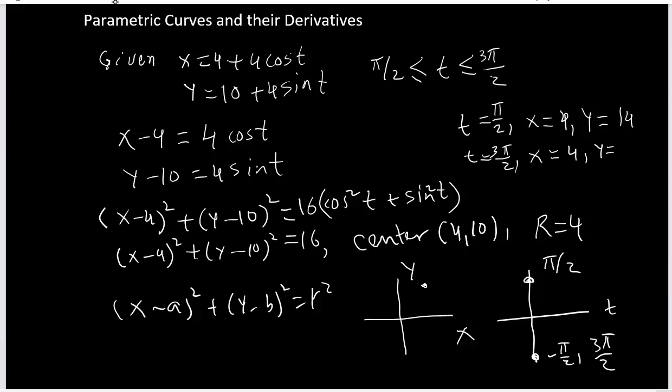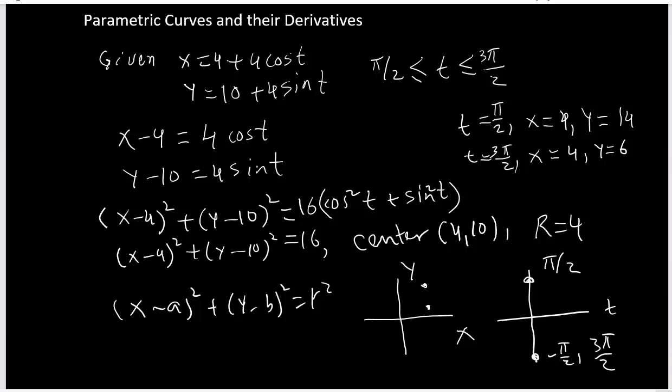And y will be, sine 3 pi by 2 will give you negative 1. You can check in the calculator. So 10 minus 4 will give you 6. So the next point is 4 comma 6 here.